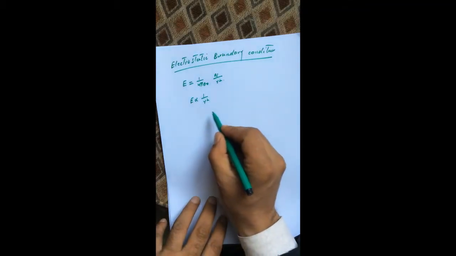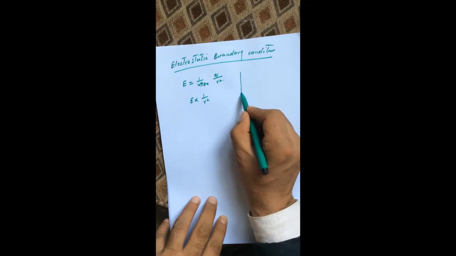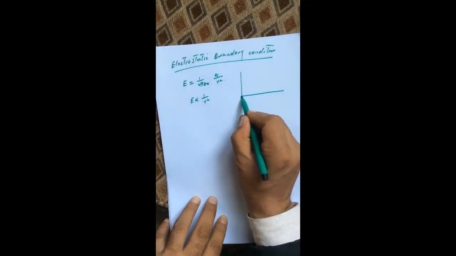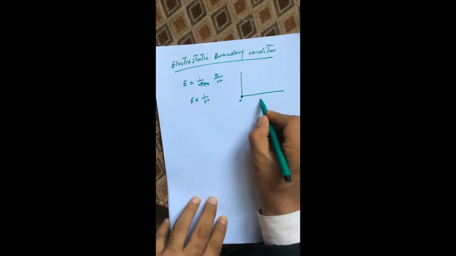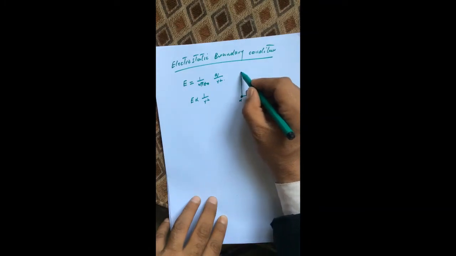Now if I plot it graphically, what it means: suppose the point charge is here, and this is the distance r. As we move away from the point charge, the electric field close to the point charge is maximum. This is the electric field direction.